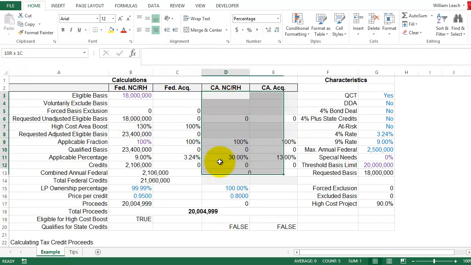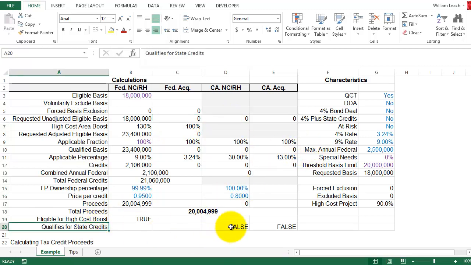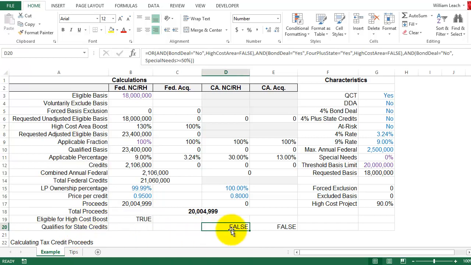And there's a handful of nuances. Sometimes you're eligible for state credits, sometimes you're not. And so we're going to get into the logical functions that are used to either qualify or disqualify someone from state credits. Let's take a look at this transaction. This transaction thinks that this project does not qualify for state credits.